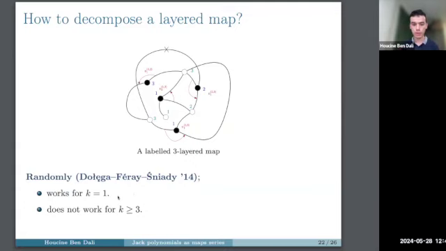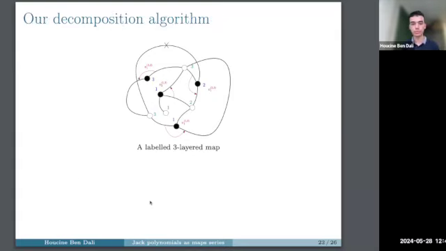But in the paper, they also provide a counterexample for maps which have at least 3 layers: for some Young diagrams of size 9, this statistic does not work for Jack characters. Which means that the combinatorial side of the equation does not correspond to the algebraic side of the equation.